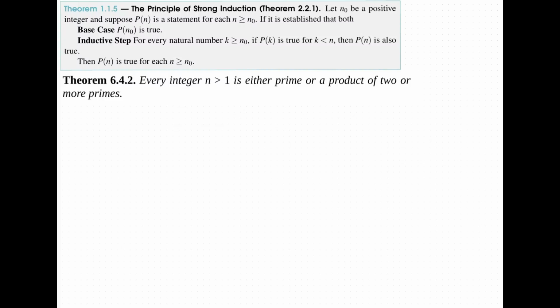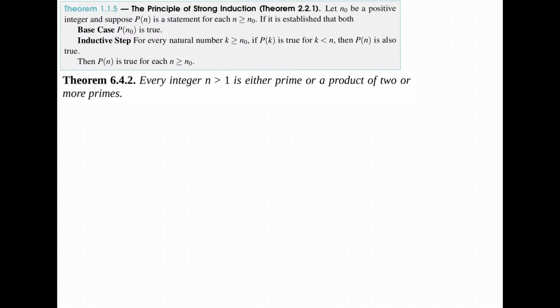Up to this point in the course, we have only shown that if we have some integer n greater than 1, then its smallest factor that is greater than 1 must be prime.